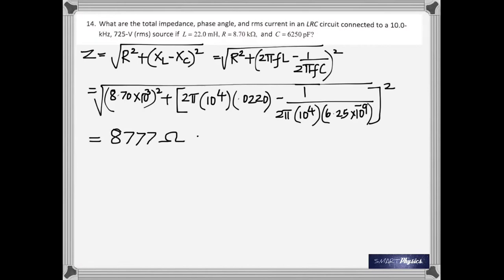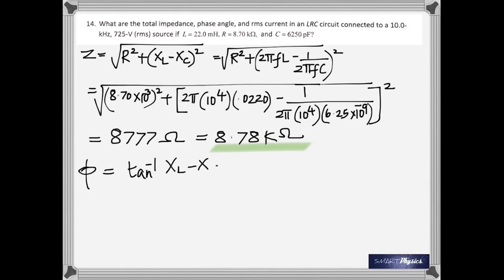When you do all that and calculate, you get 8,777 ohms. Okay, and the phase angle is given by tan inverse XL minus XC divided by the resistance.